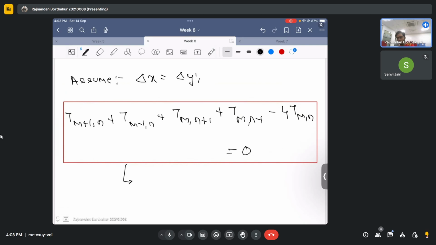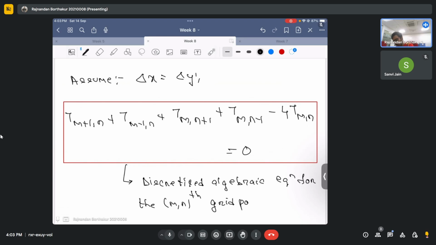People call this equation the discretized algebraic equation for the m comma nth grid point. People use the word grid point, or sometimes people use the word node.